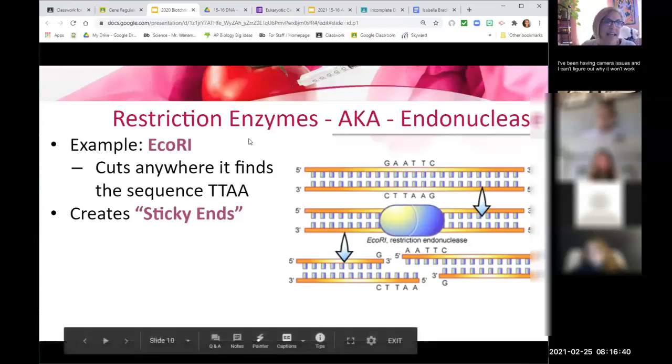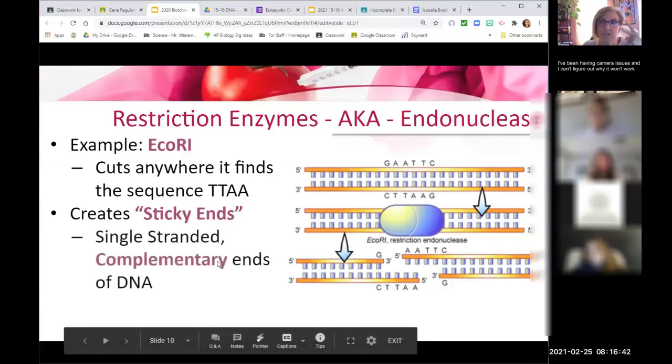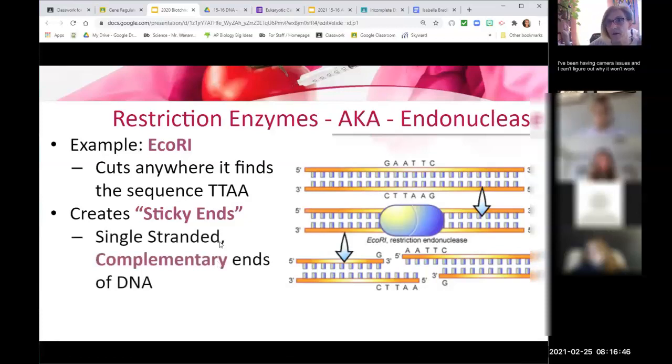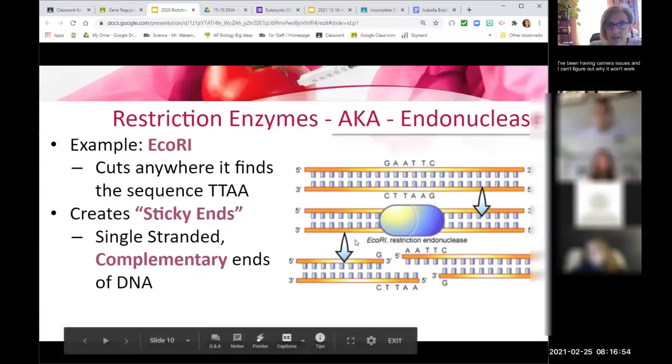So if we use the same restriction enzyme on two different DNA strands, one from the bacteria and one that is from our organism of interest, we use the same cleavage enzyme, we're going to create the same cut, right? So that means they both have an AATT that's hanging over, and that is complementary to the TTAA that is hanging over.